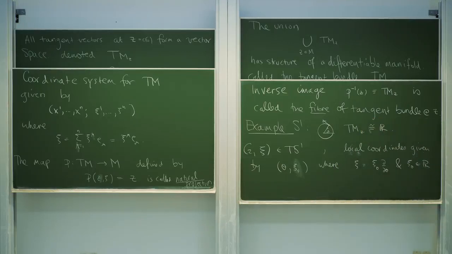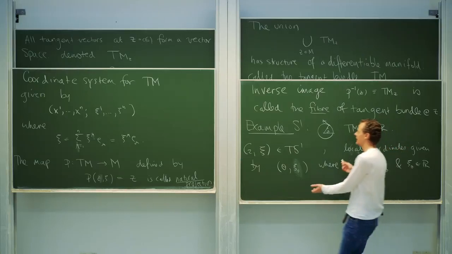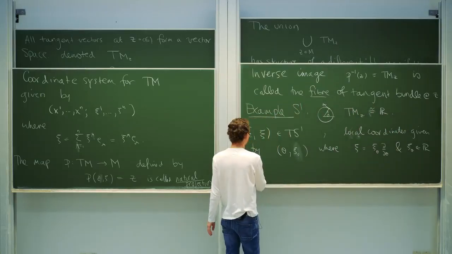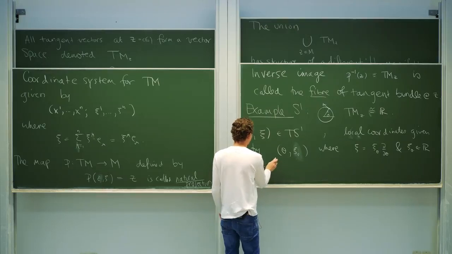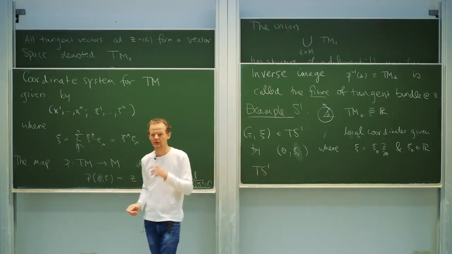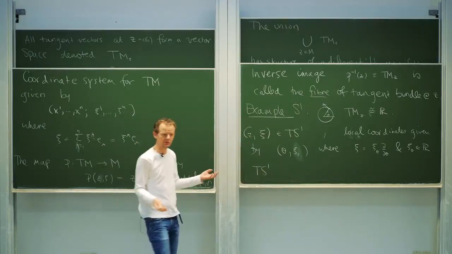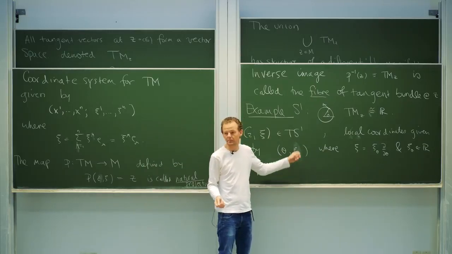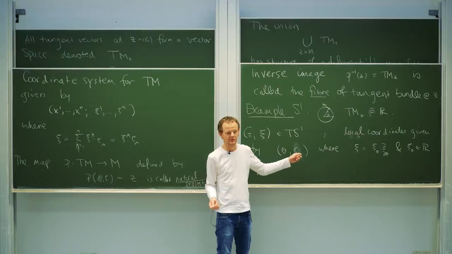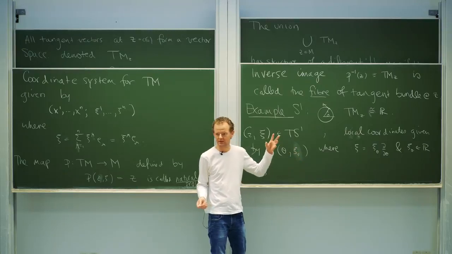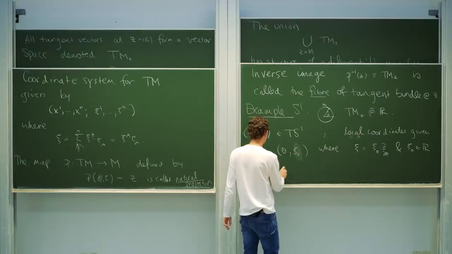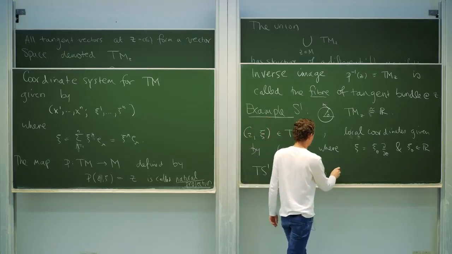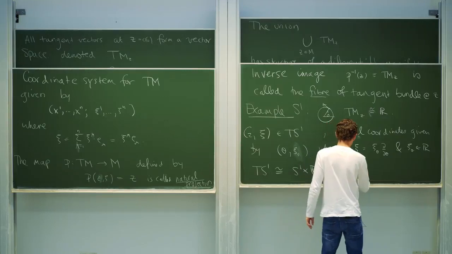And the coefficient psi theta here is just telling us how long the vector is at that point on the circle. And so TS1, what kind of a manifold is this, the whole bundle itself? Well, we have its coordinates. The coordinates are some point on a circle and some real number. So we actually have a manifold that has all those properties. It's S1 cross R, or otherwise known as a cylinder.